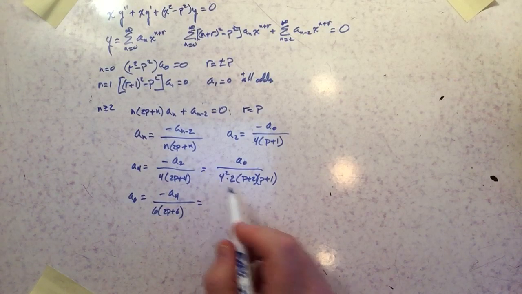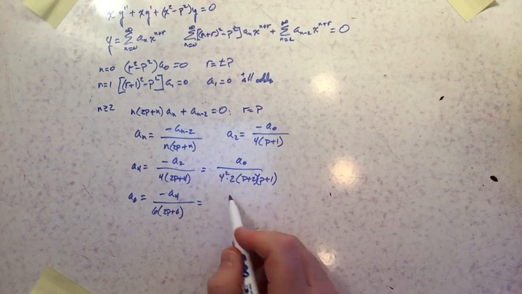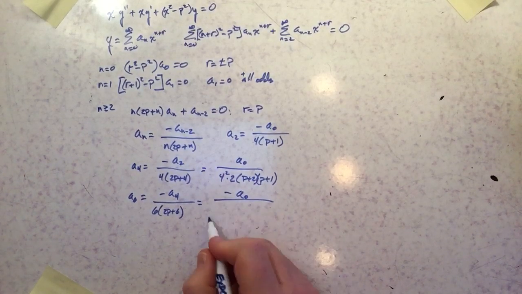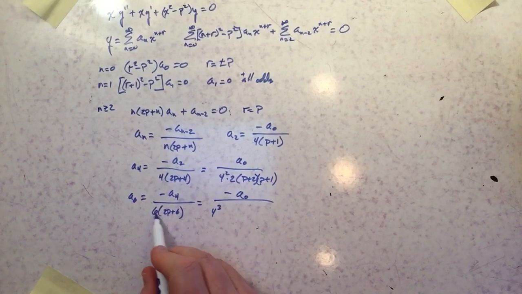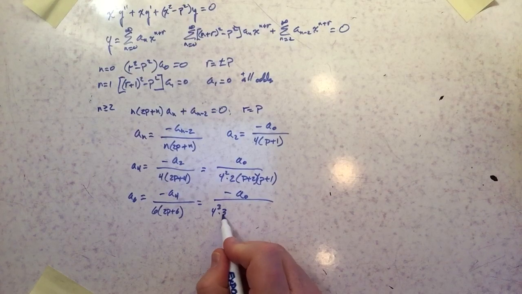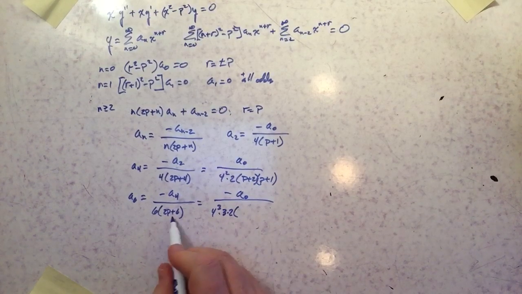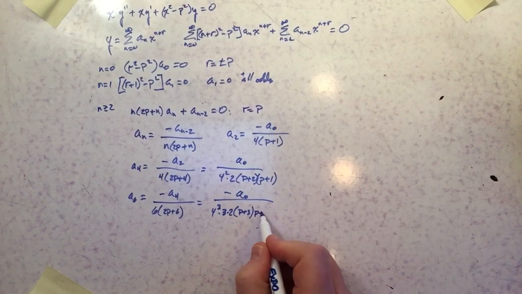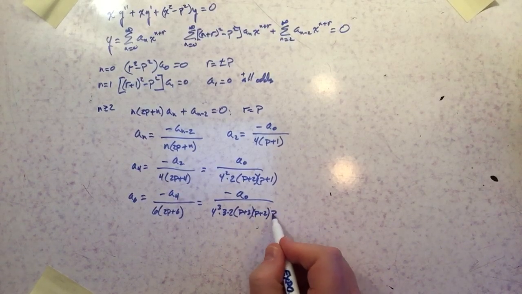So that way there'll be another 4, so when I substitute this in, it's going to be a naught, be negative this time. And then it'll be 4 cubed for the third 4 that was part of the 12. The other thing that was part of that was a 3, so it's times 3 times 2, and then inside it was p plus 3 times p plus 2 times p plus 1.